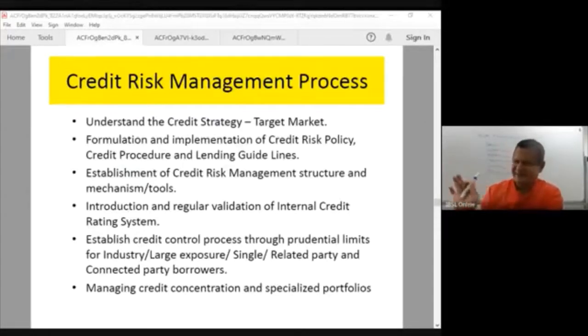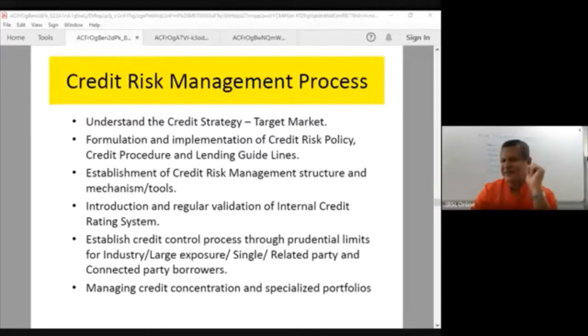Now I have omitted the credit part of it. Credit risk management is also the same, it's a process. Any kind of management is a process, because you need to follow the process to manage any kind of risk or any particular management area. And in risk management, this process has different parts.